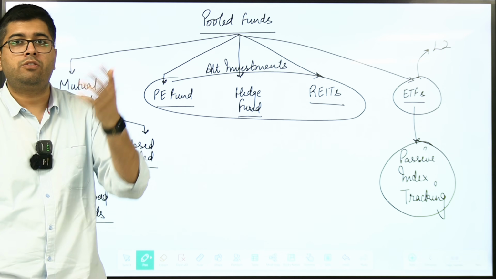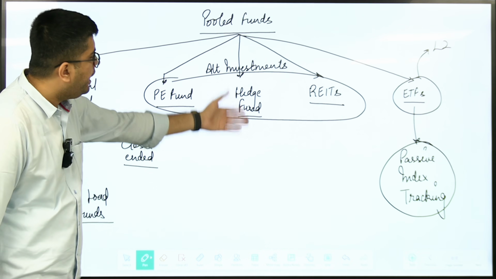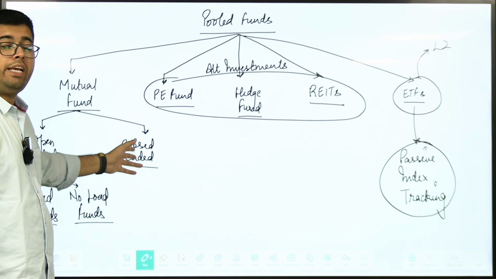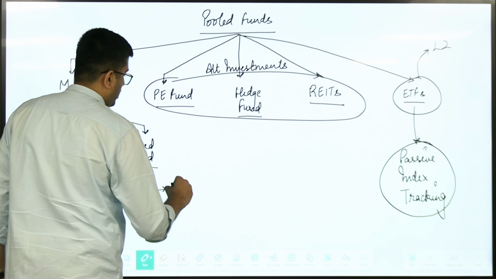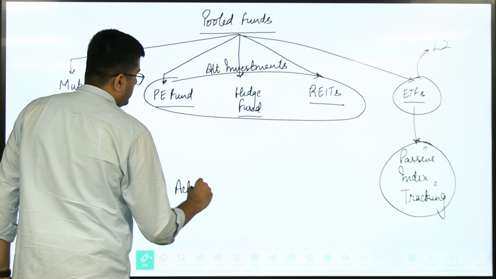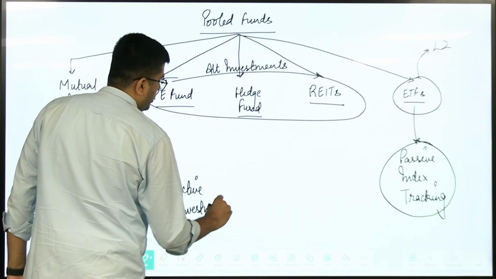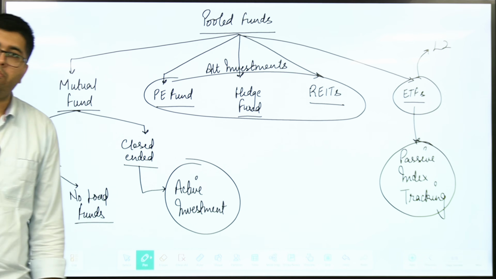So if Nifty is the index that I'm tracking, if Nifty is generating 12% return, an ETF will also try to match that. But a closed-ended mutual fund is active investment fund. Active investment means they are primarily trying to outperform the market, generate more returns than what are available in the market.